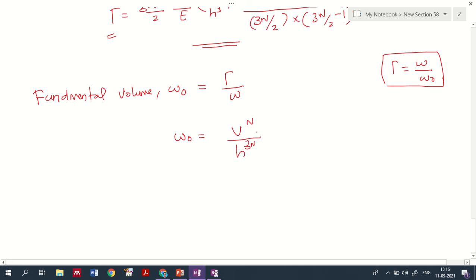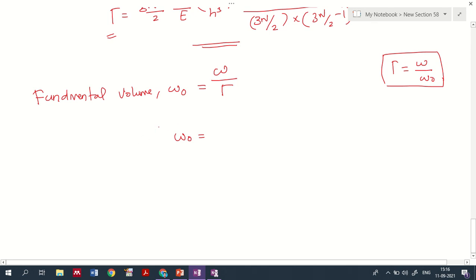Okay, sorry, here there is a correction. It is omega 0 equal to what? Omega 0 equal to omega by gamma, right? This is how the equation will come. Fundamental volume omega 0 equal to omega by gamma.